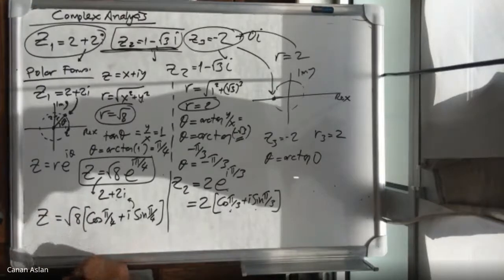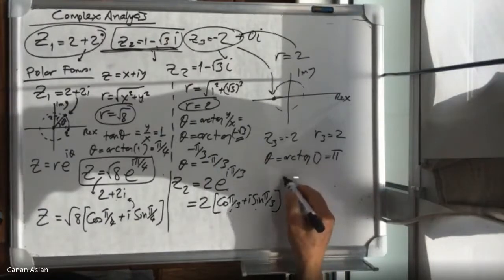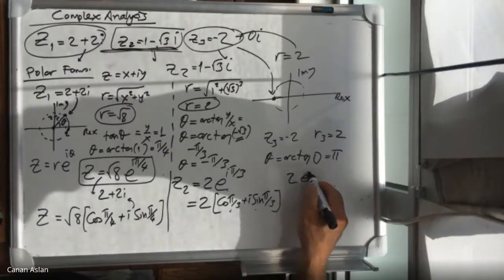But tangent of pi gives you 0 as well, and since the number is negative, theta equals pi. So that we have now 2 e to the i pi.